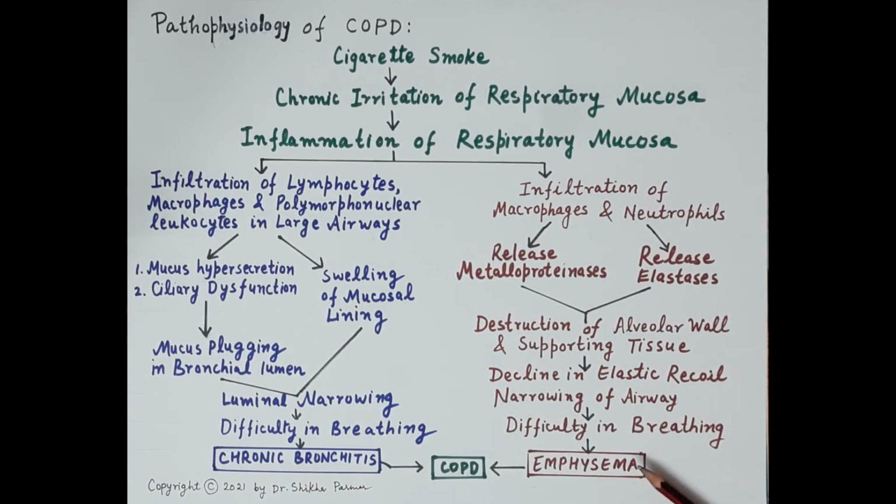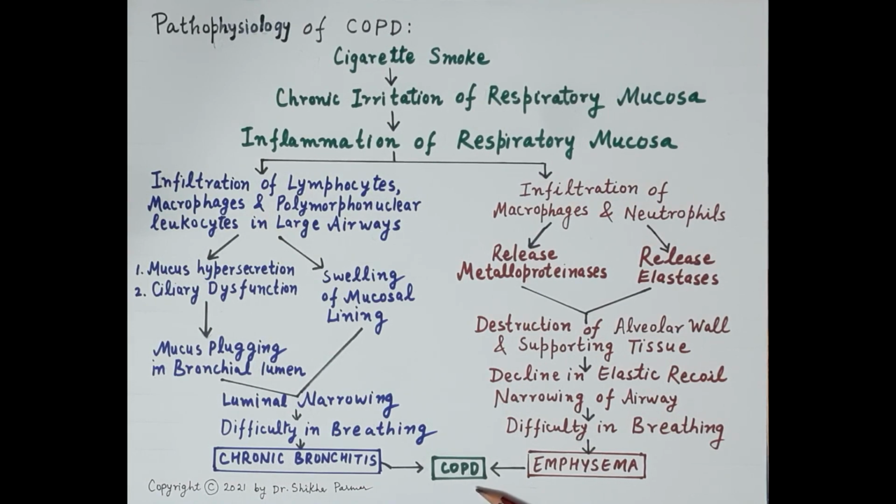So, inflammation finally results in chronic bronchitis and emphysema. Thus, emphysema and chronic bronchitis coexist and group together as chronic obstructive pulmonary disease, which is largely irreversible.